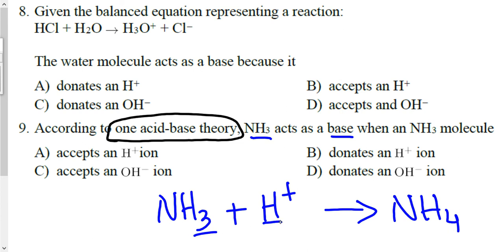So it will form NH4 plus. If NH3 acts as a base, you need to know this: according to our alternate theory, bases will accept protons, and therefore the first option would make more sense.